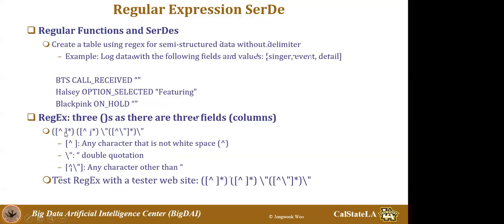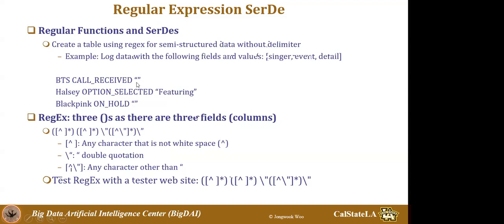Okay? So that is actually to say the first field is to represent the singer field. So a non-space character that could occur 0 or multiple times to detect the value of the first field. Similarly, for the second field, you can use the same regular expression pattern.